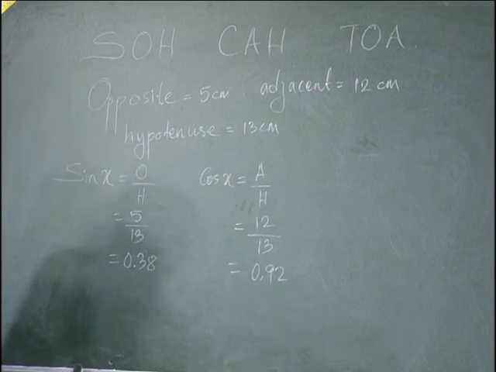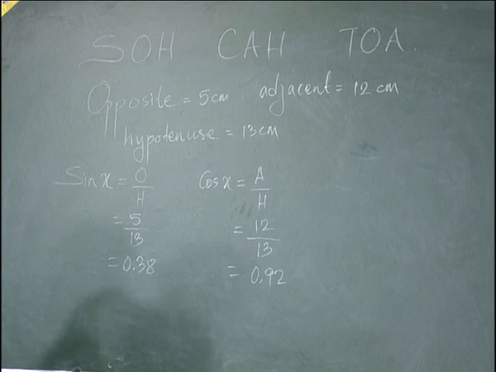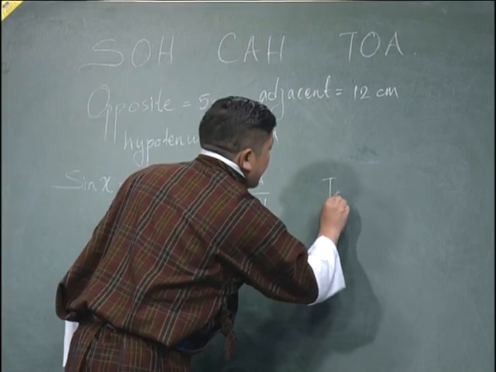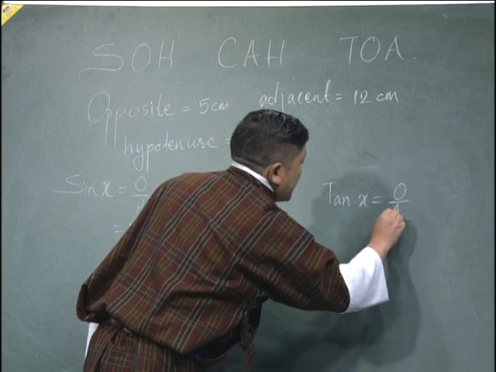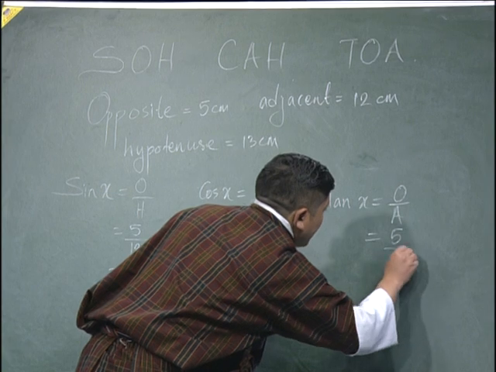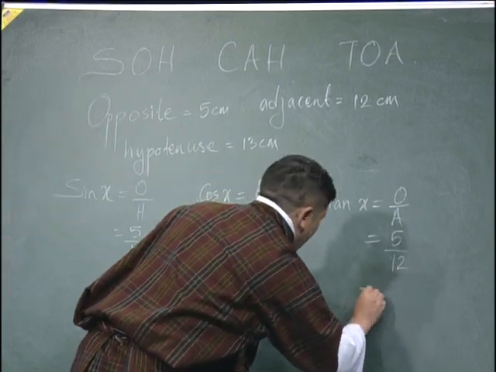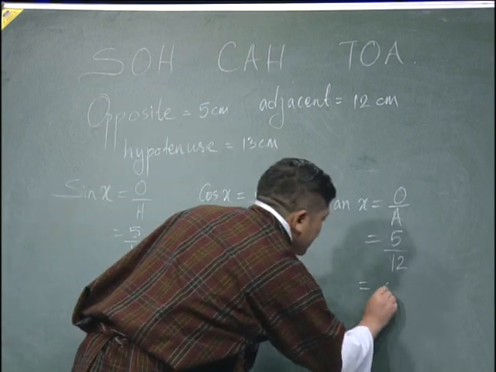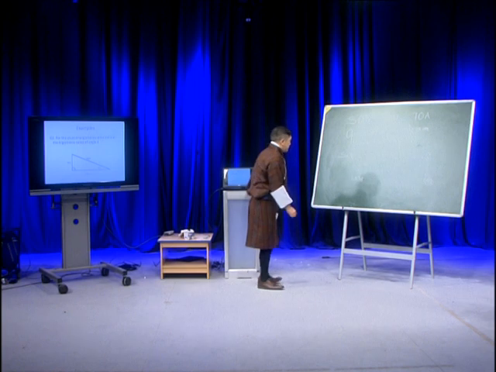So this is the ratio of sine x and cos x. Then you can find out tan x equals to opposite over adjacent. So what's your opposite? Your opposite is 5 centimeter, and your adjacent is 12 centimeter. So that means it's coming around 0.42.